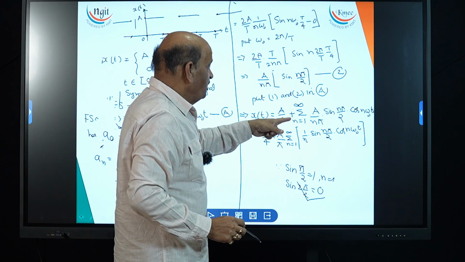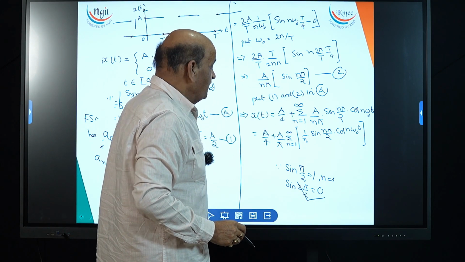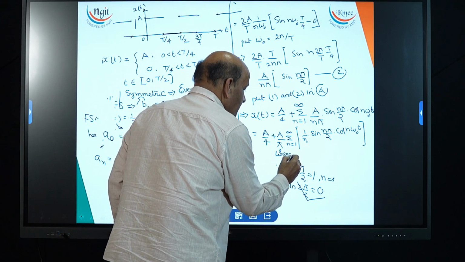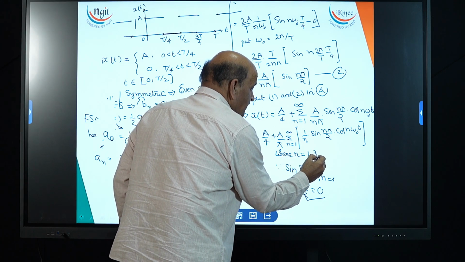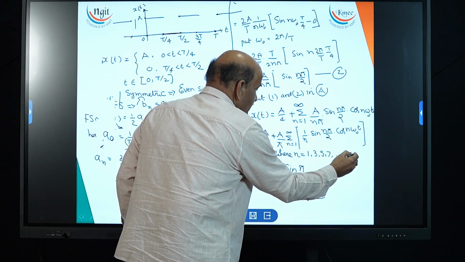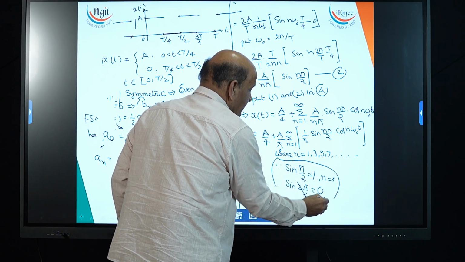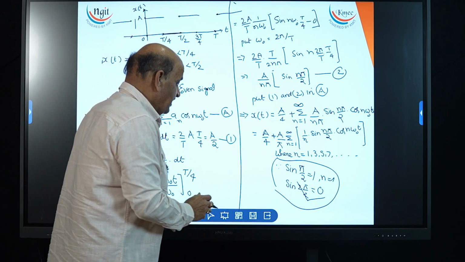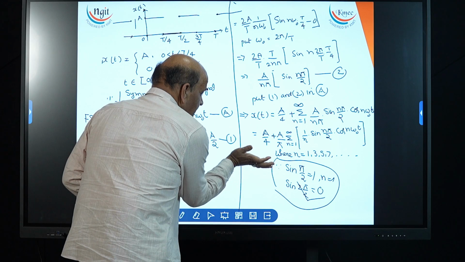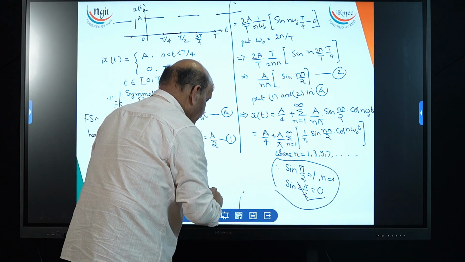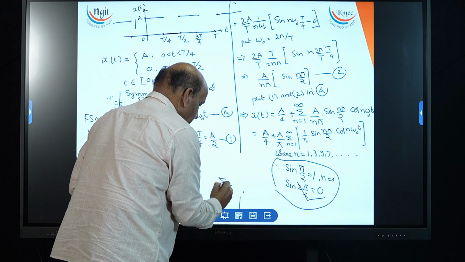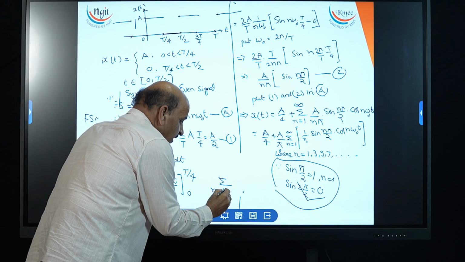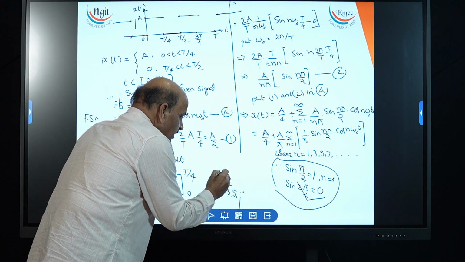So now here we have to consider only odd values. So here n is odd, where n equal to 1, 3, 5, 7, like this. So we just have to make it like that when n is odd. Otherwise, in the summation you can write summation n equal to 1, 3, 5, etc. to infinity.